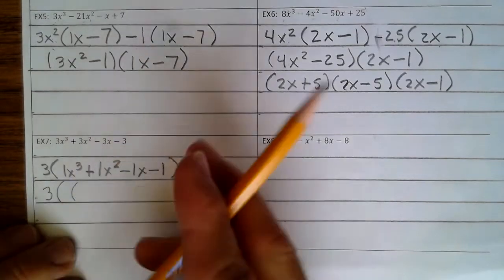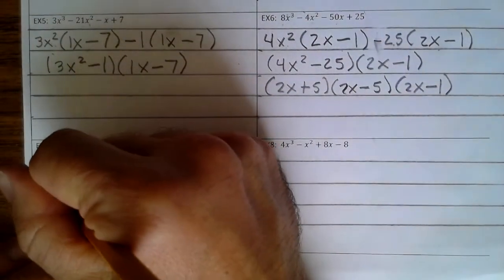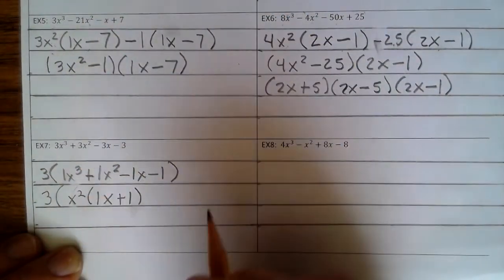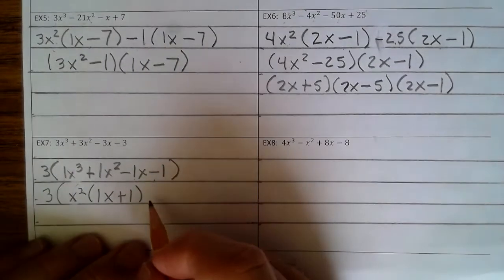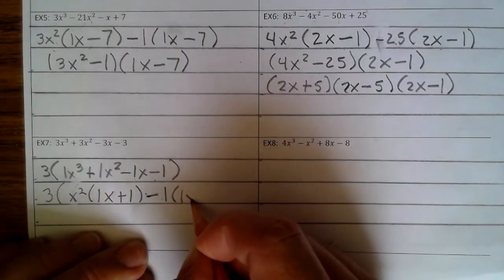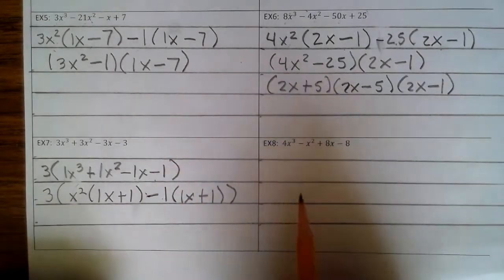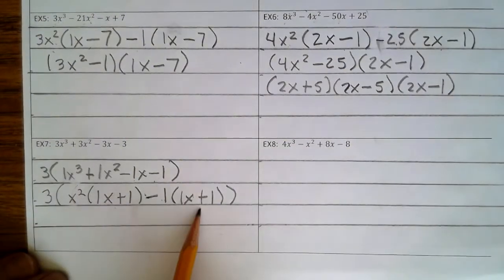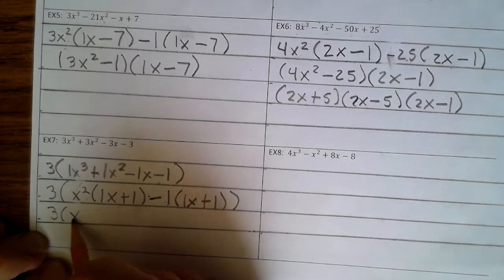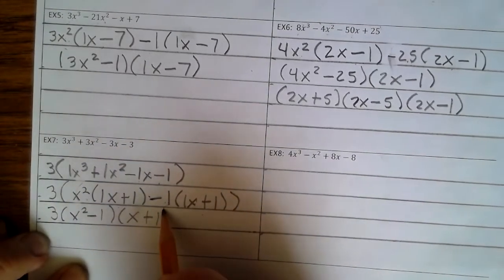So it looks like here we can factor out an x squared from the first two terms, which leaves 1x plus 1, and it looks like we can divide the second term by negative 1, which leaves negative 1x divided by negative 1 is 1x. Negative 1 divided by negative 1 is a positive 1. Now, these are the same, so we can group these together. So that's 3 times x squared minus 1 times x plus 1.